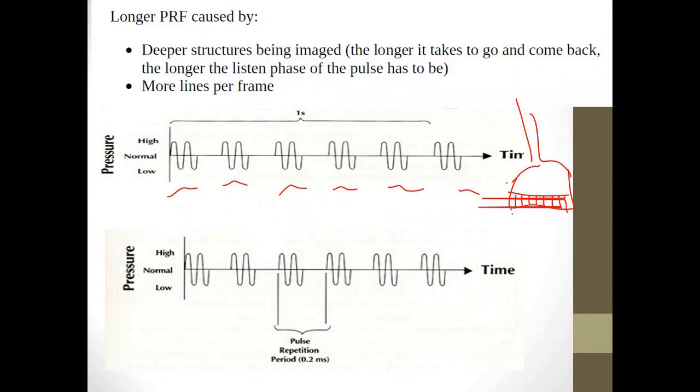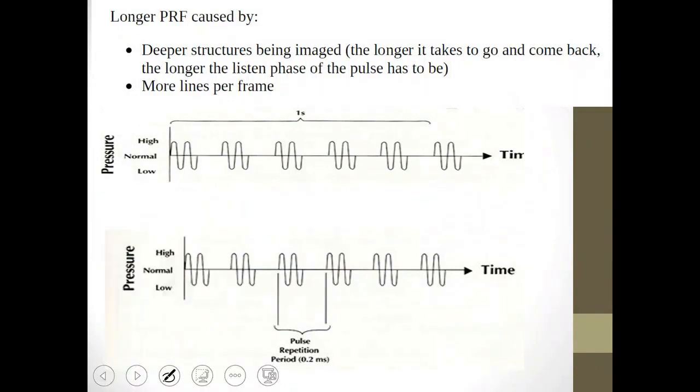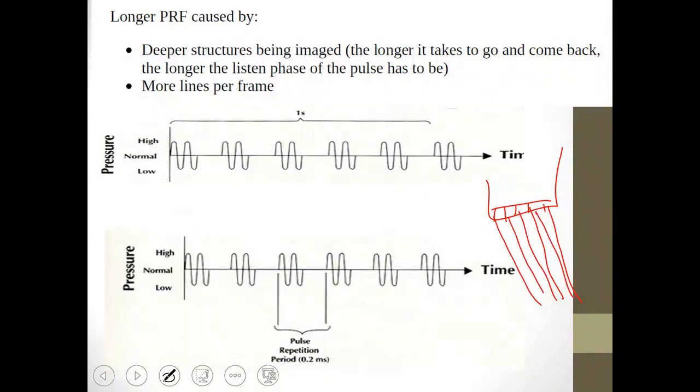Let's assume this is my field of view. Each element represents a line. The pulse from each element is sent out, and this set of lines ultimately represents the frame for me.